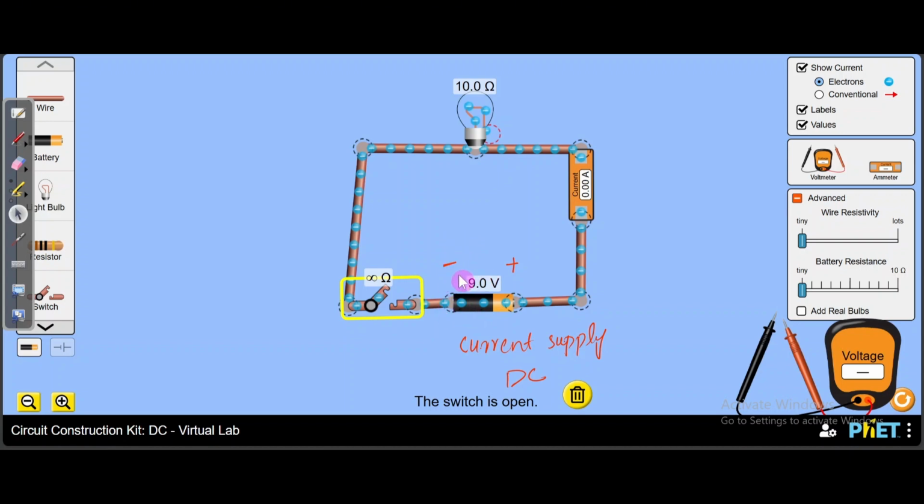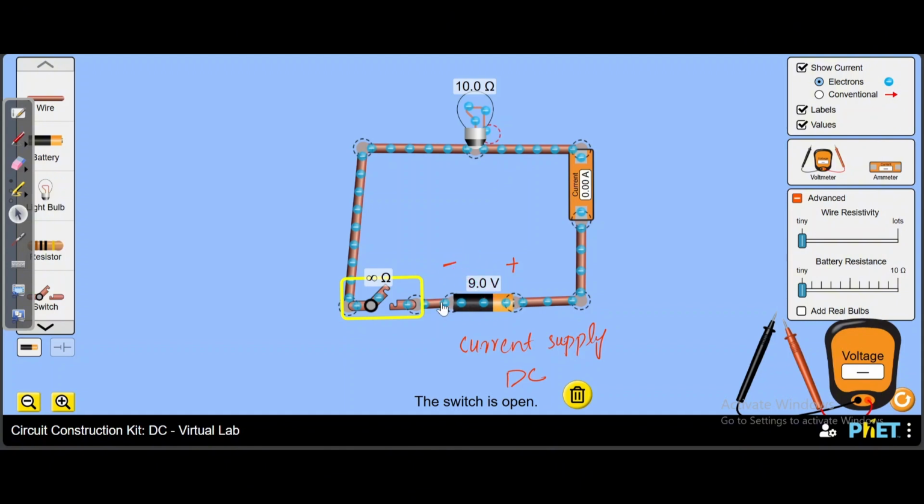So if we provide the alternating current, this side will become positive and this negative. Again this will be positive, this will be negative, and this flipping of polarity will occur 50 times in a second.